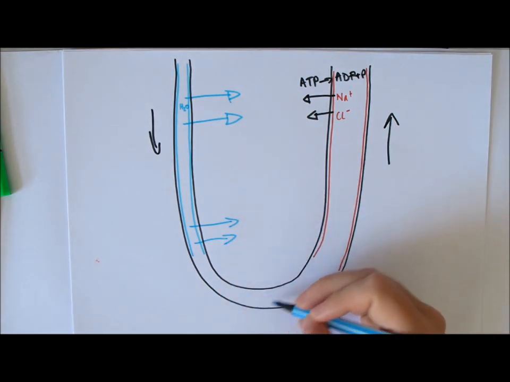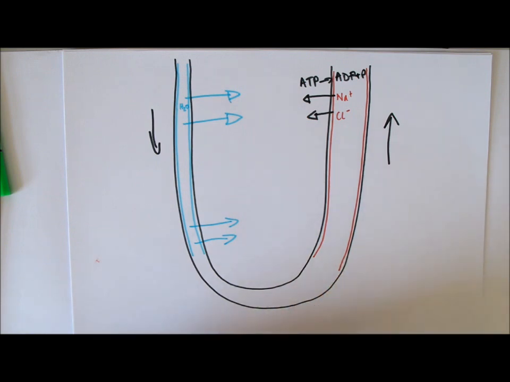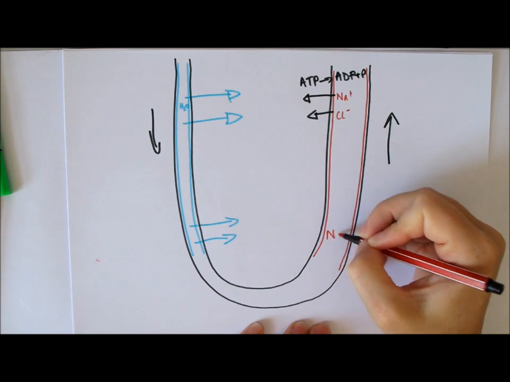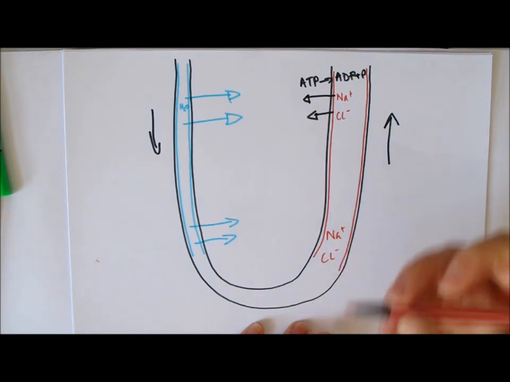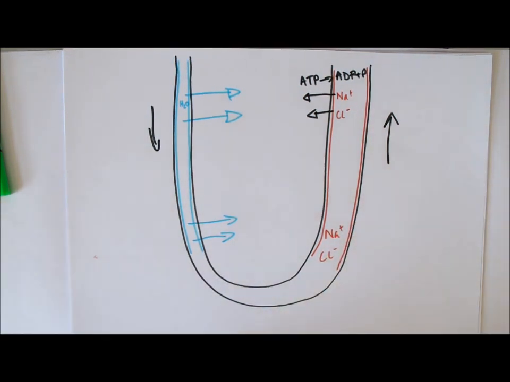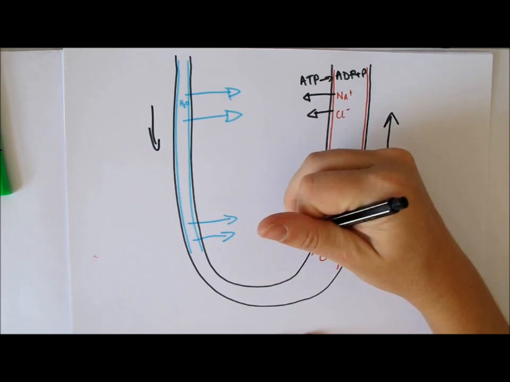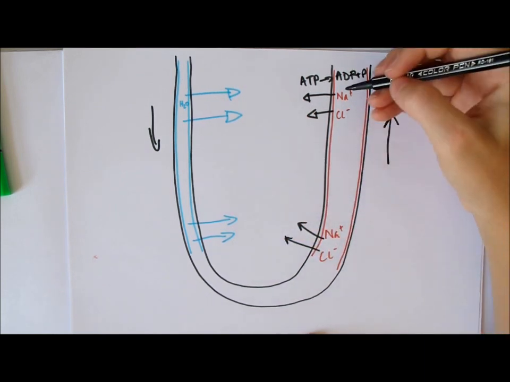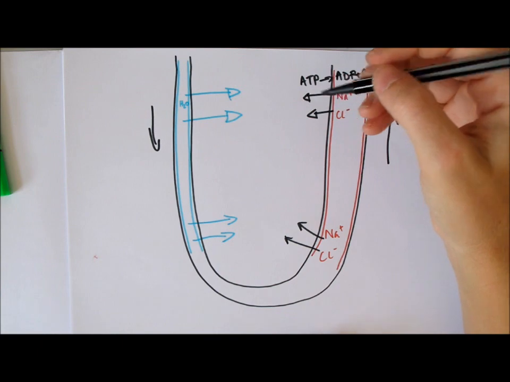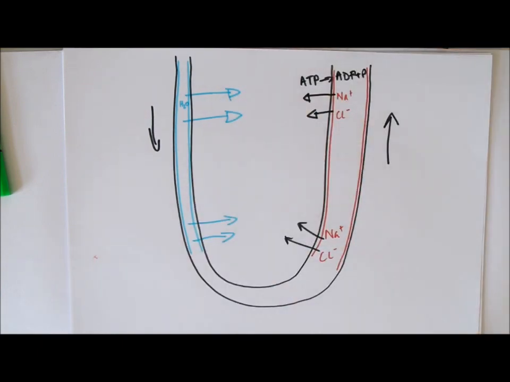So when you get down here, you have a very, very high concentration of the solutes, the dissolved ions, which then means that sodium and chloride will move out by diffusion in this part and continue up here when they're then actively transported out to maintain this balance and this process.